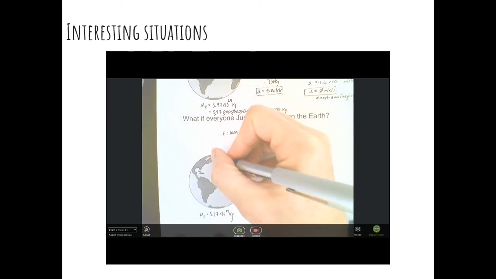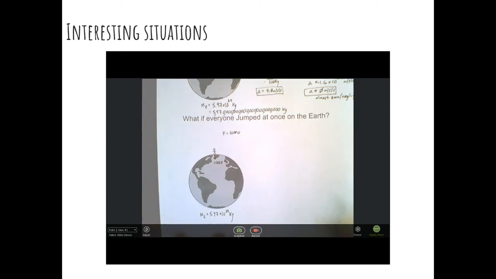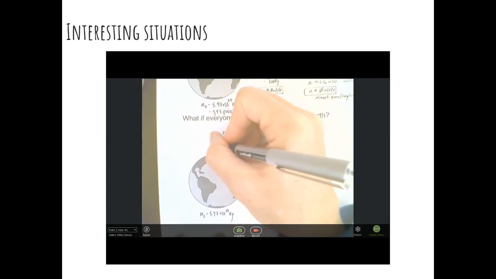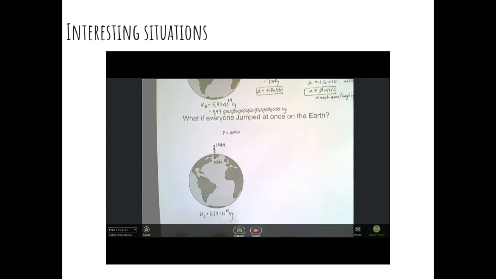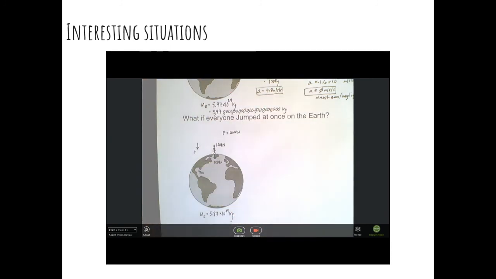So the Earth pushes up on them with 1,000 newtons of force. Now, let's see what sort of acceleration, and we'll choose down as positive. What sort of accelerations do each thing experience?